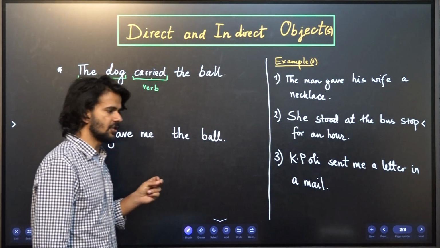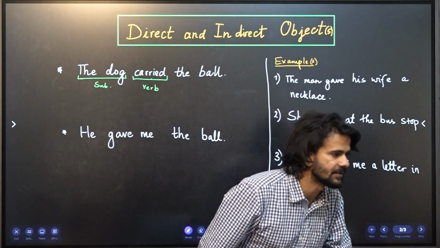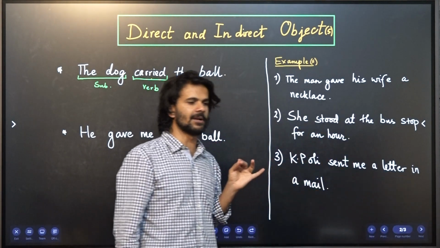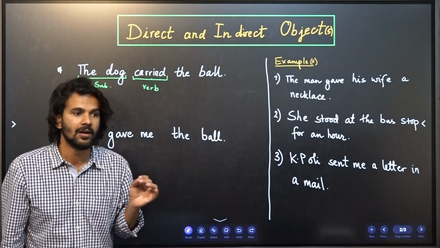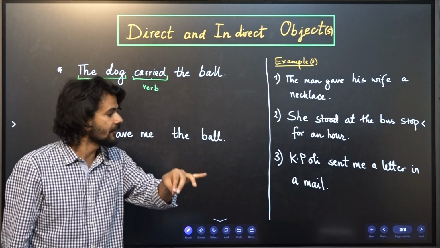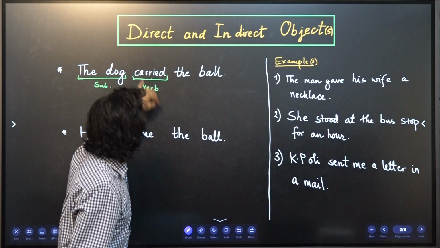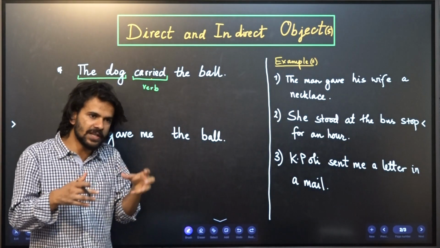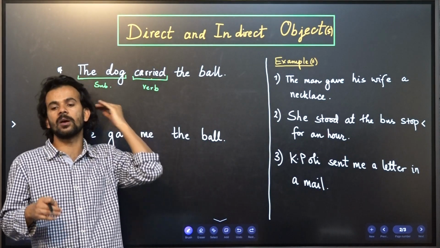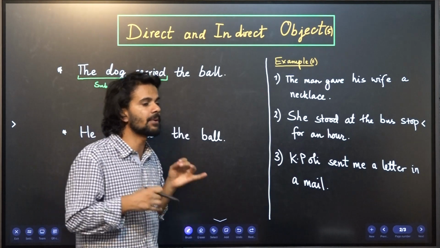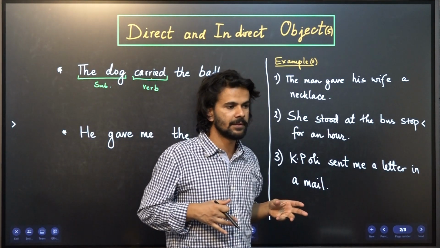If I ask the question what is being carried, the answer is the ball. The action is on the ball, the action of being carried is happening on the ball, right?